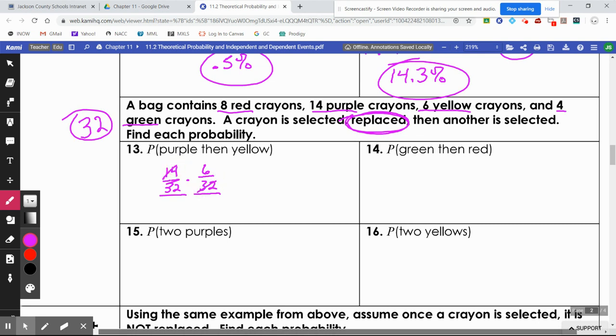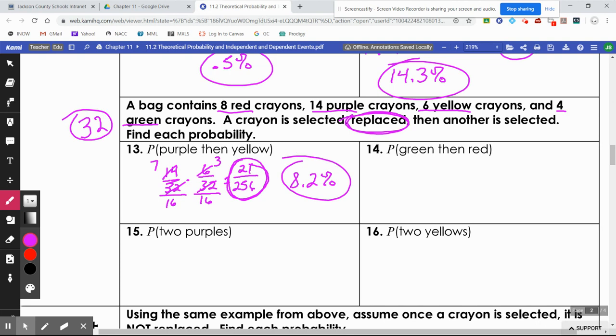Divide by 2, there'd be a 7 and a 16. Divide these by 2, there'd be a 3 and a 16. Nothing else cross cancels. That'd be a 21 out of 256 chance. And since nothing else cross canceled, I know that will not reduce. So 21 out of 256 as a percent is about an 8.2% chance of that happening.